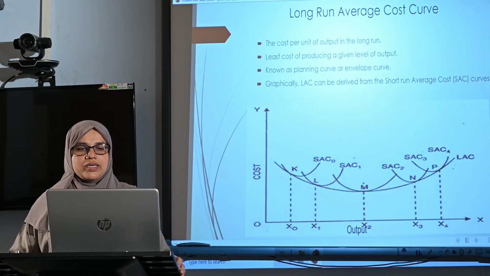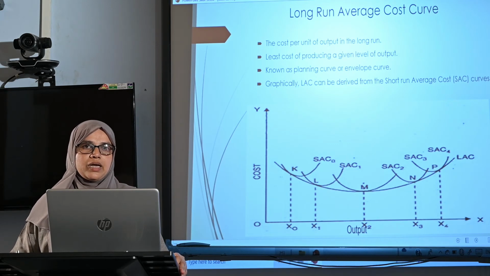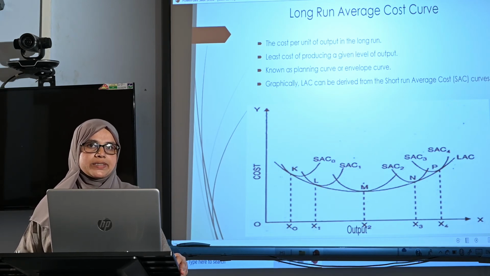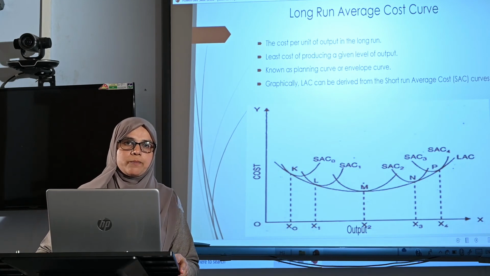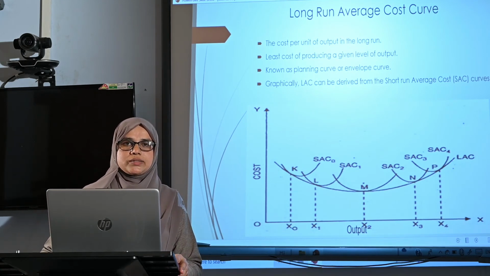LAC is also known as planning curve, as it guides the entrepreneur to plan future expansion of output. It is also known as envelope curve, as LAC envelopes short run average cost curves.